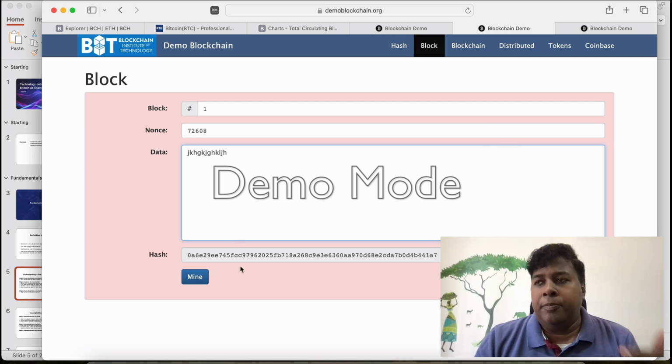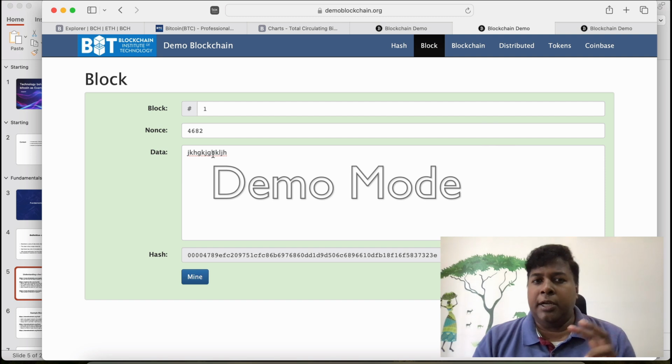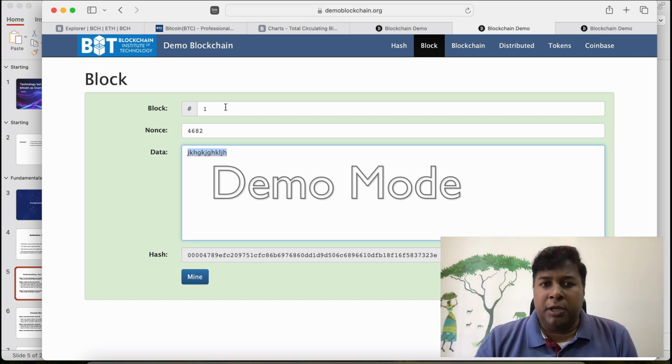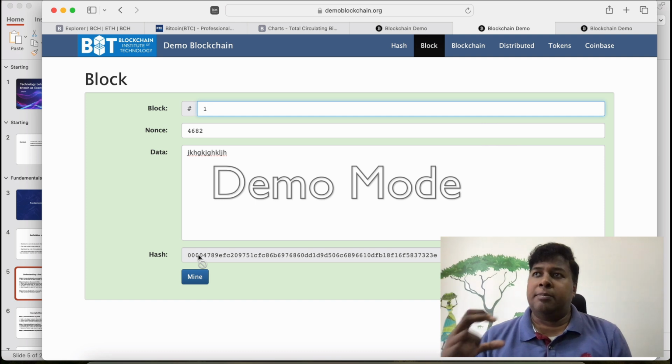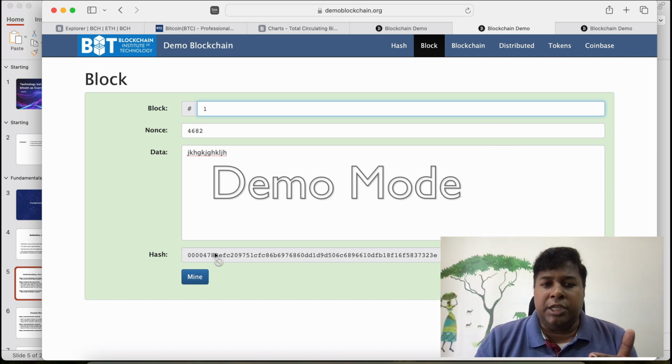But what Bitcoin wants is that the next hash should have 4 leading zeros, something like this. For this particular data and this particular block, you need 4 zeros, and only then can it be accepted as a proper block. So what else can you change? You cannot change this, you cannot change that, so you have to change the nonce.